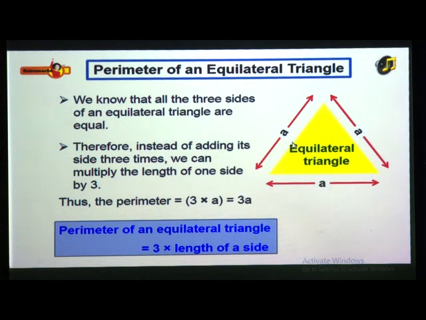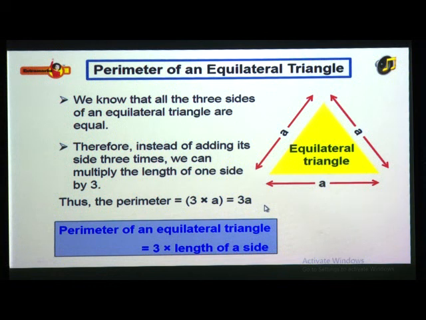Instead of adding it, how many sides do we have here? 3, and we will multiply it by one side. So, the perimeter becomes 3 into a, that is equal to 3a. So, the perimeter of an equilateral triangle is equal to 3 into the length of the side.